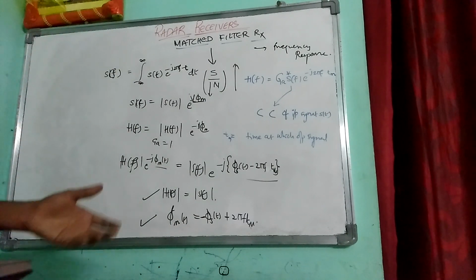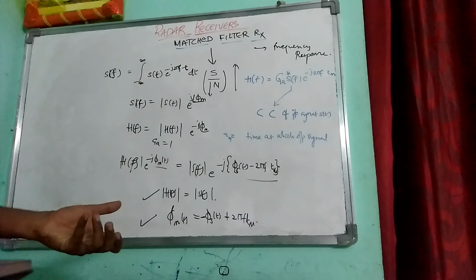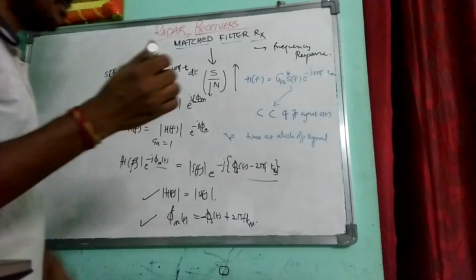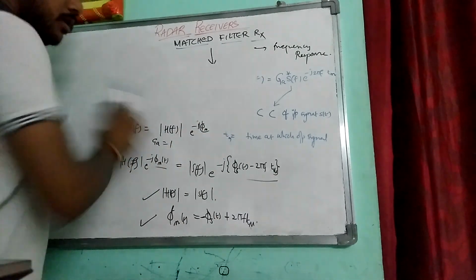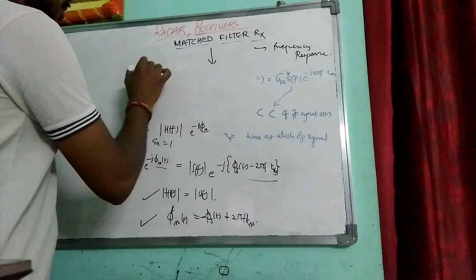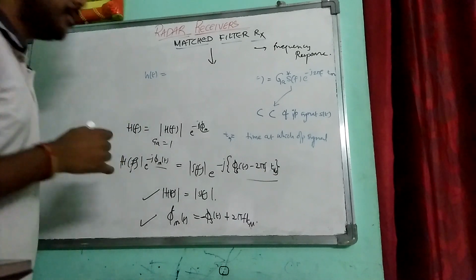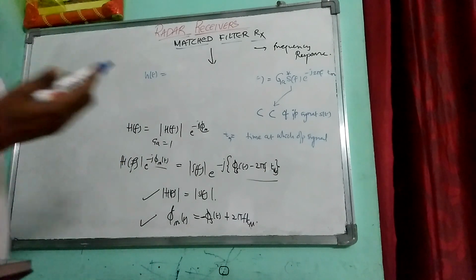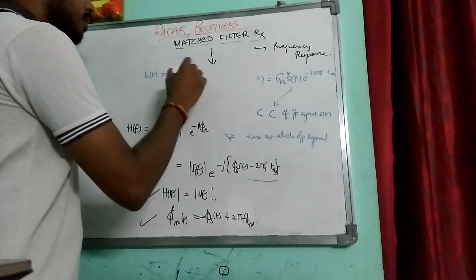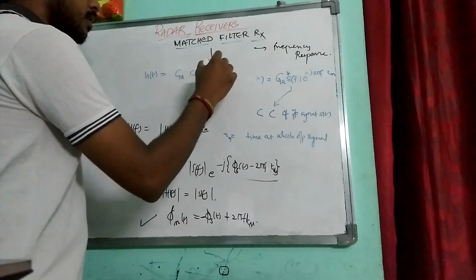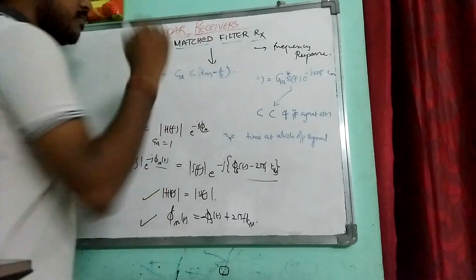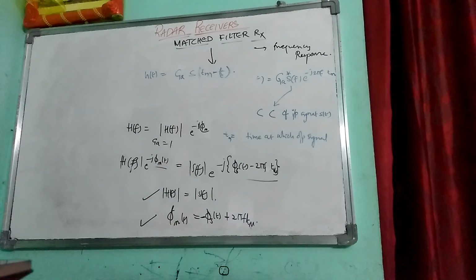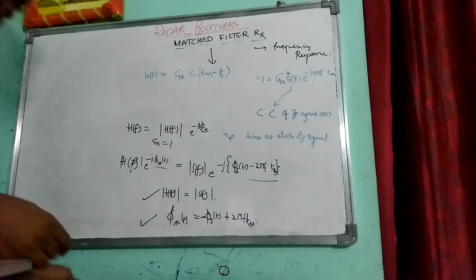Similarly, we can also consider the impulse response of the matched filter. Then the impulse response h of t will be, as I told you, the phase change of the input signal, the received signal, s of Tm minus t.